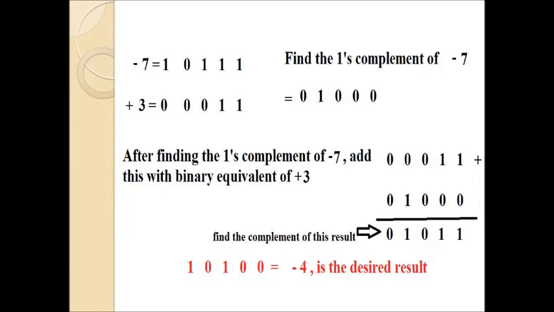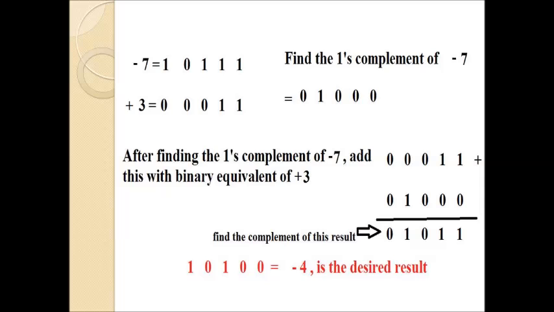So here we got a result, right? Actually this result is the intermediate result. This is not the final result. So what we have to do here is find the complement of this result. When you find the complement of this result, you get 1 0 1 0 0.